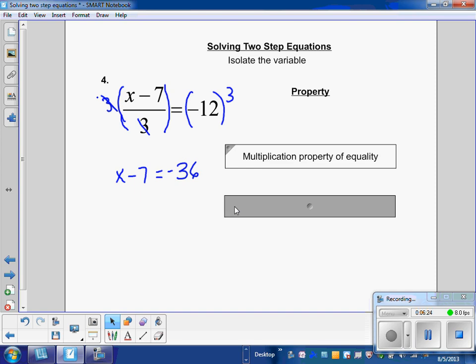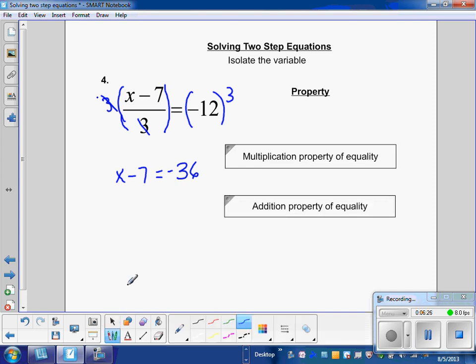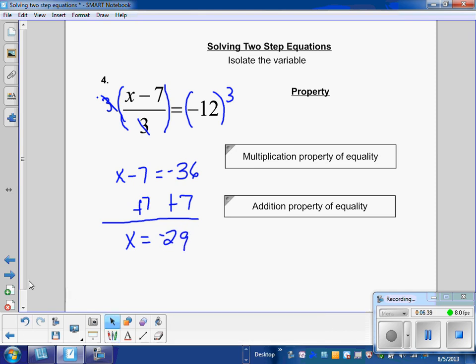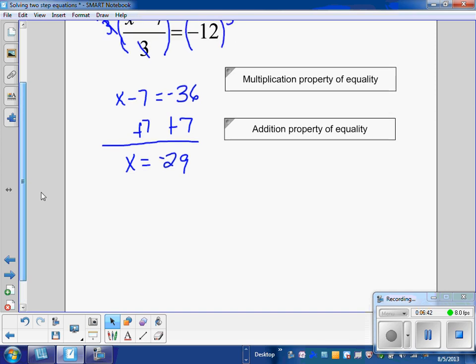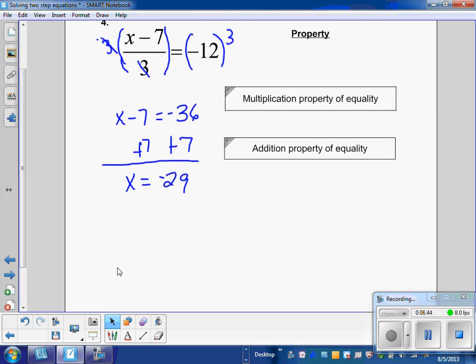I'm going to add 7 to both sides using the addition property of equality, and x is equal to negative 29. So go ahead and check that. I'm going to substitute negative 29 in.